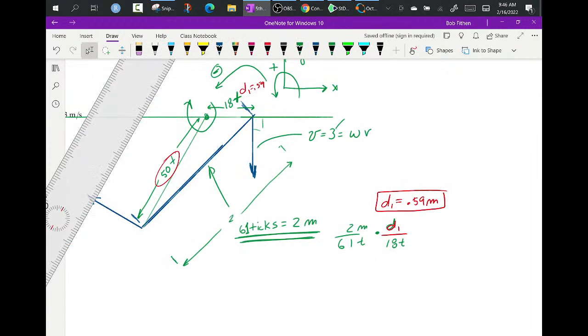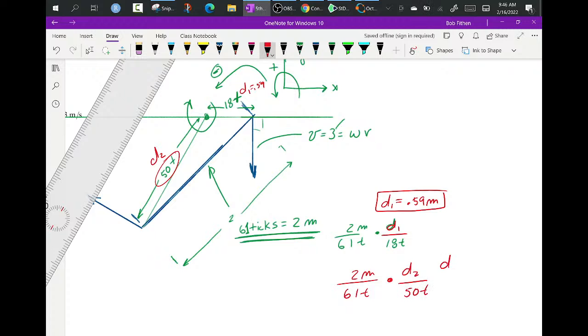Okay, so 2 meters is 61 ticks times distance 2, we'll call this distance 2, over how many ticks? 50 ticks.